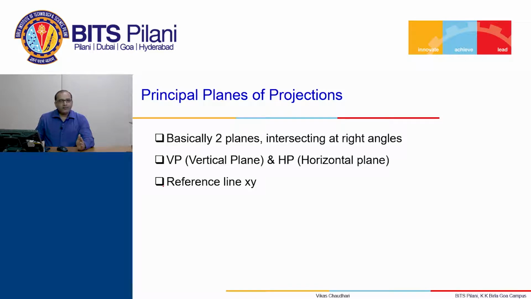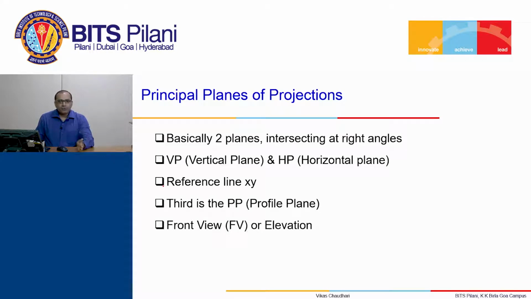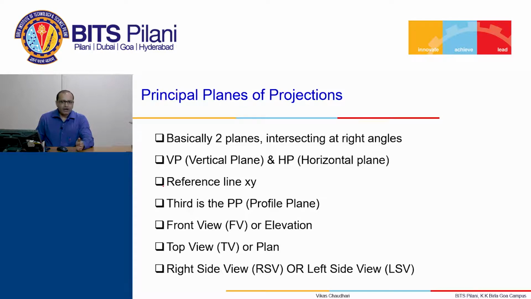There is a third plane which is mutually perpendicular to these two planes, which is called the profile plane. For the projections, we obtain the front view, side view and top view of the object. The front view in other language we call the elevation, the top view we call a plan or top view, and there is a right side view or left side view depending on the orientation of the observer.